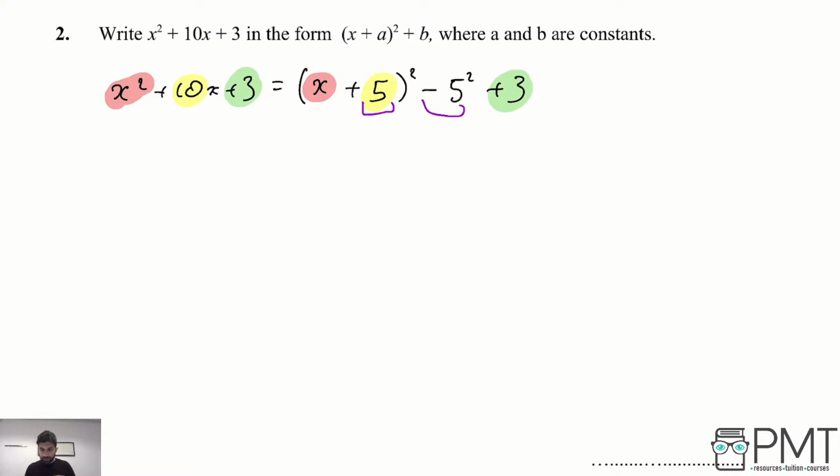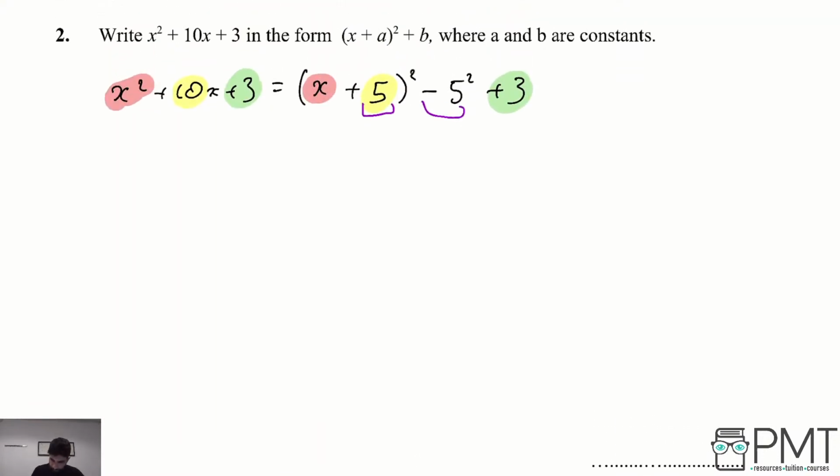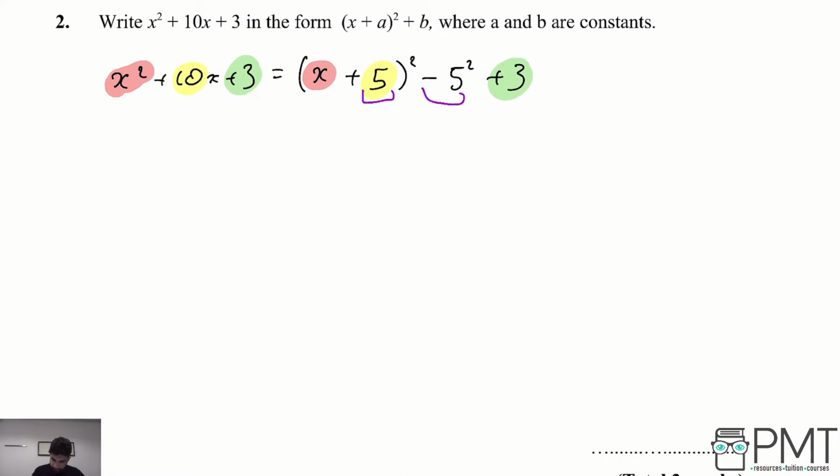And then minus 25 plus 3 is minus 22. Well done. That's great. Let me write these down. And then if you're done with this, look at the next question. So we have got, let me simplify that, (x plus 5) squared minus 22.